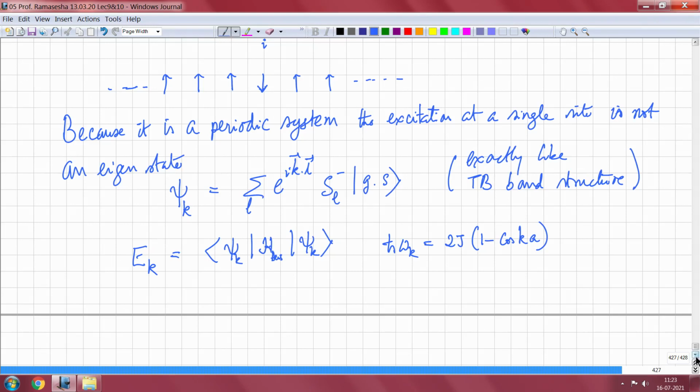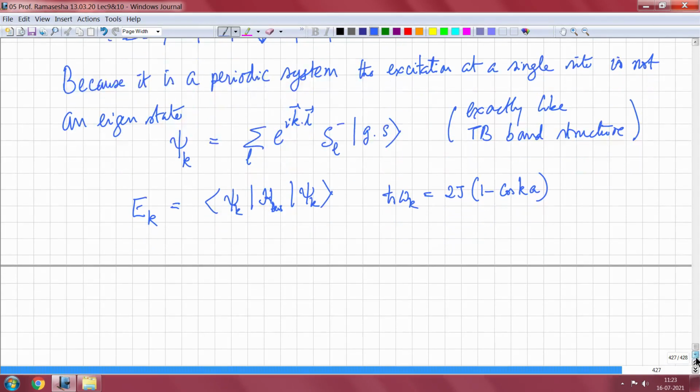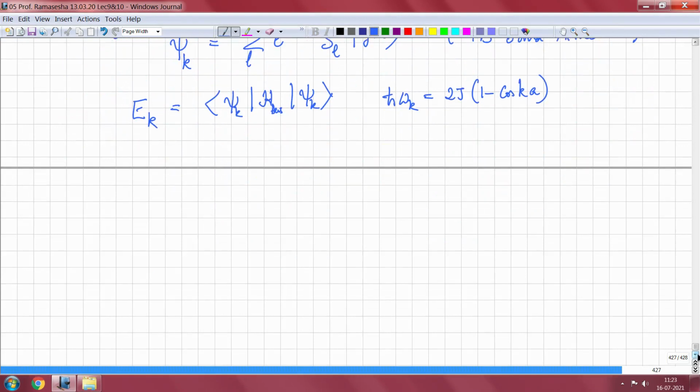So these are the spin waves that we will get, and the way to visualize the spin waves is the following. I can think of a cone at every site, and I have a spin directed that way.